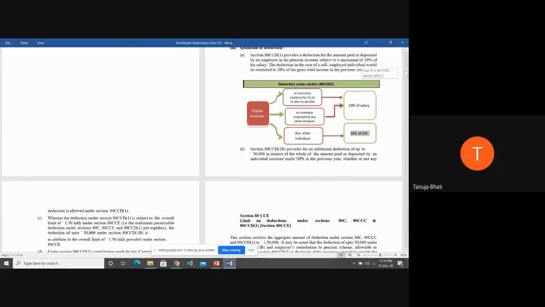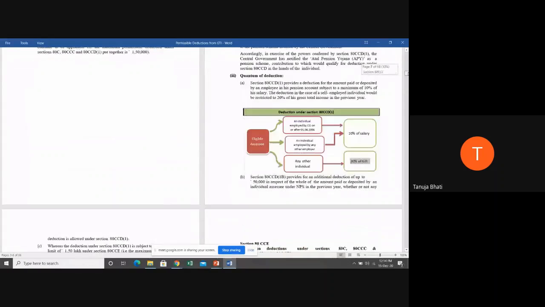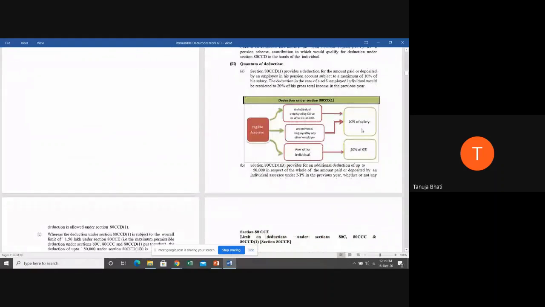So remember students, section 80CCD tells that if you're contributing to any pension fund that is notified by the central government, you will get a deduction of 10% of salary or 20% of GTI as the case may be. Now we have something called section 80CCD(1B).